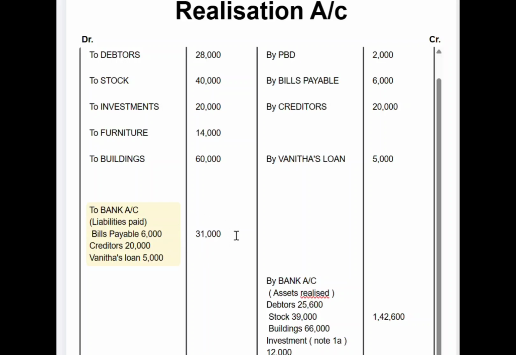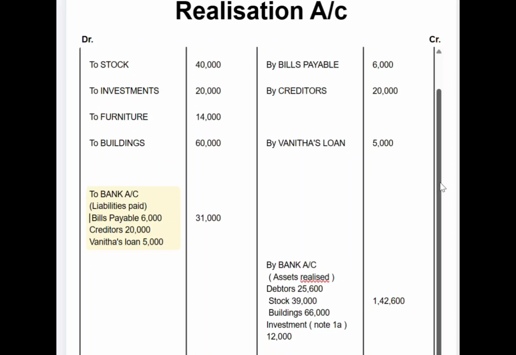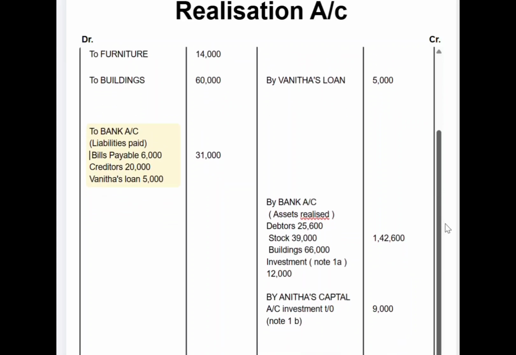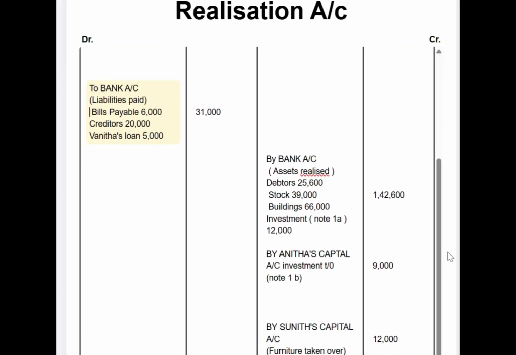Now, once the liabilities are paid, here the last adjustment says that Anita has taken the realization expenses. So, Anita has agreed to bear all the realization expenses. Therefore, it is the personal liability or the responsibility of Anita to pay the realization expenses, for which she is being paid with certain amount of rupees, that is rupees 2,600.